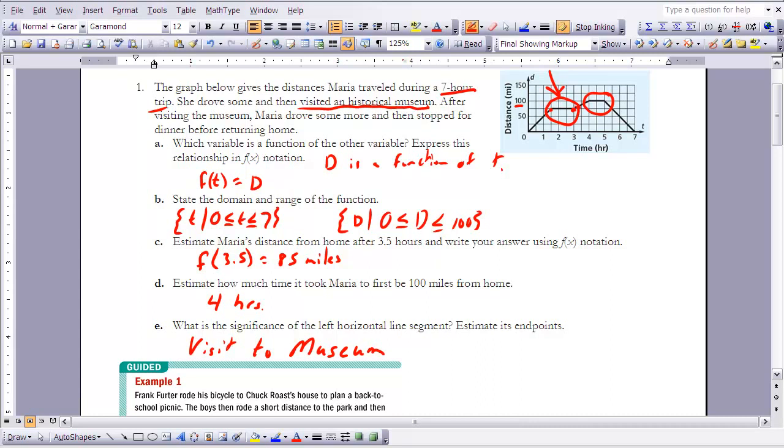So it looks like the left endpoint would have to be at 1.5 hours, and it looks like the museum was at about 75 miles, so the left one would be at (1.5, 75), and the right one, where she ended her museum stop, was at 3 hours, so that would be (3, 75). So those represent the endpoints of that horizontal line segment.